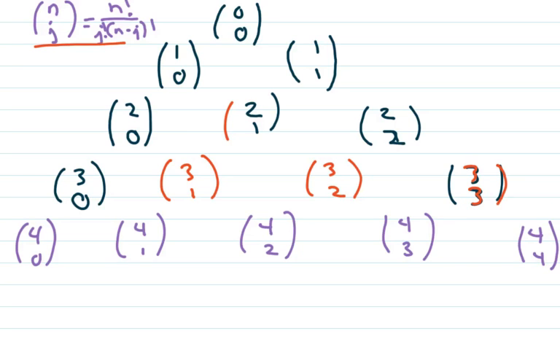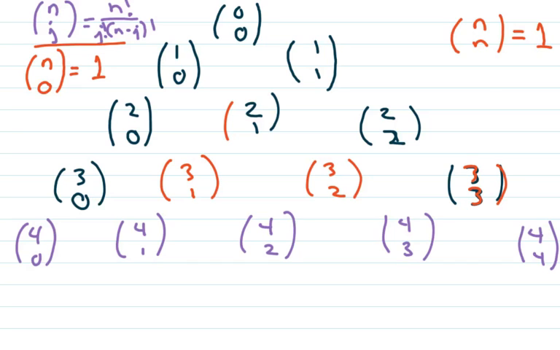And now in a previous video we talked about this formula. We know that if we're on this side, n choose 0, all of these are going to equal 1. And if you have n choose n, this is all going to equal 1.